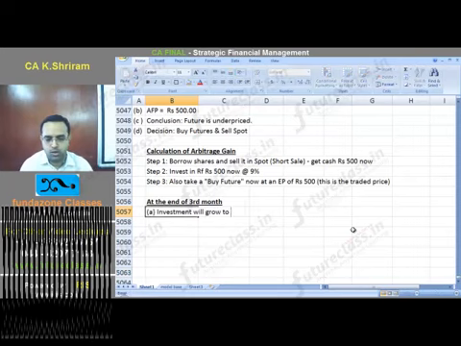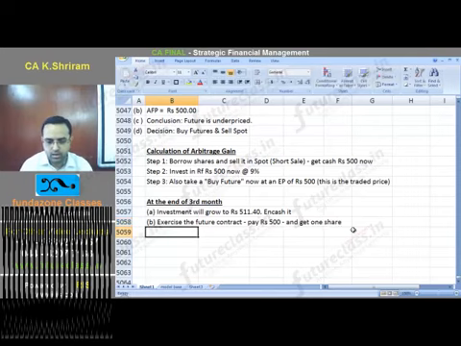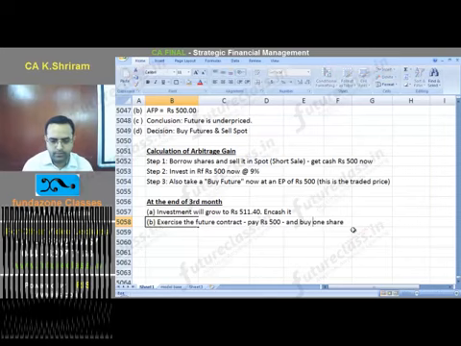The investment will grow to rupees 511.4, and you cash it. Exercise the future contract, pay rupees 500 and get one share, and buy one share.